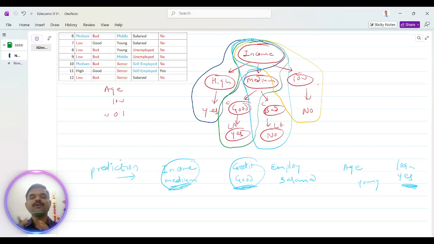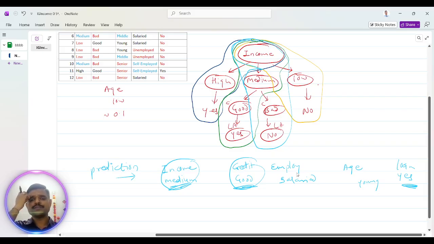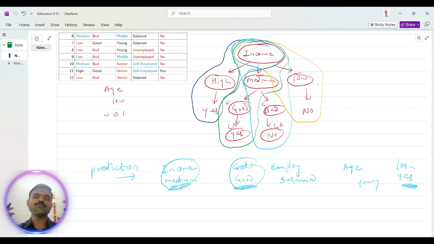Means if you have a bigger data set, for example, thousands or even millions of rows, and for example 100 columns, then it is not necessary that a single decision tree gives you the better output. You will need to run through multiple decision trees.